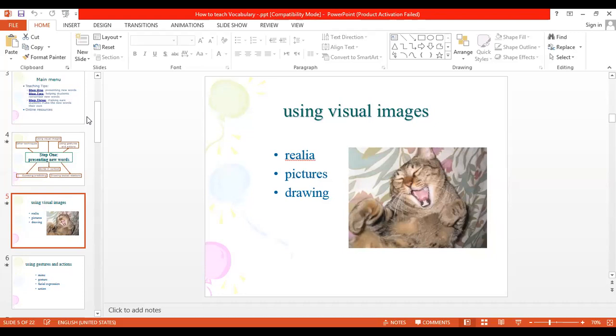So the little girls just went to the board and started to draw it by themselves. So you're not the only one who can draw. You can let your students also draw, all right? You may have some talented students.